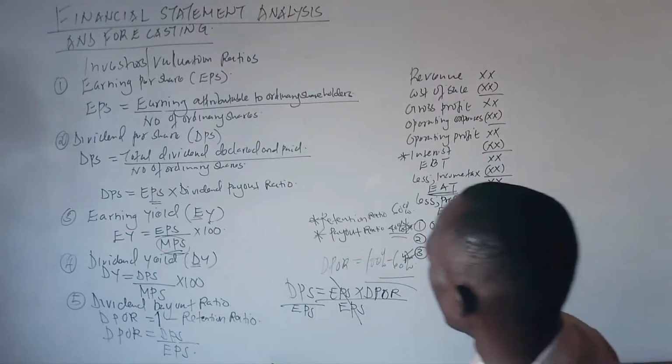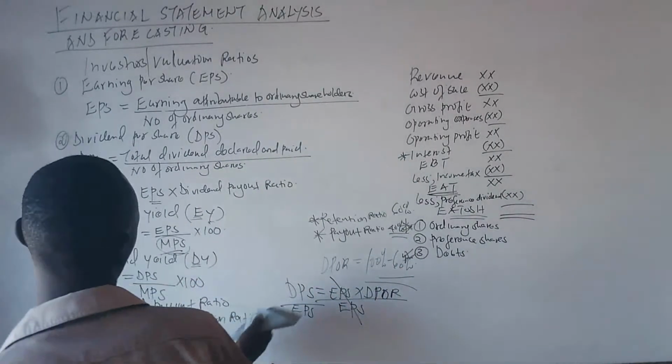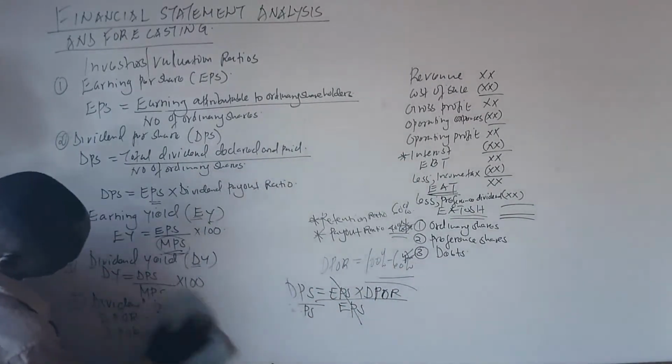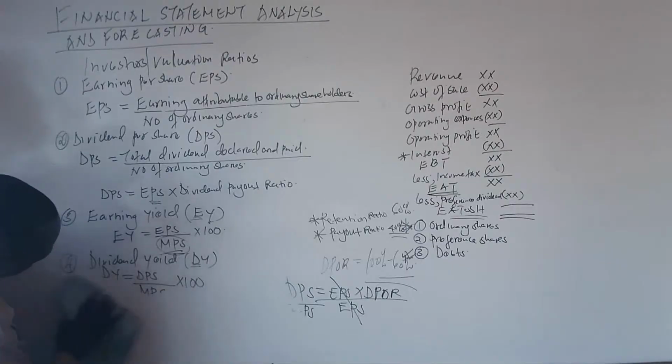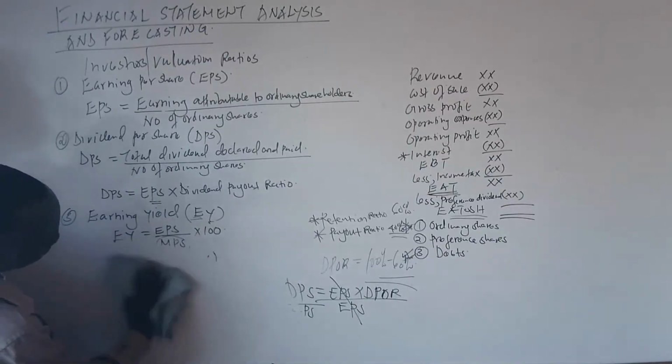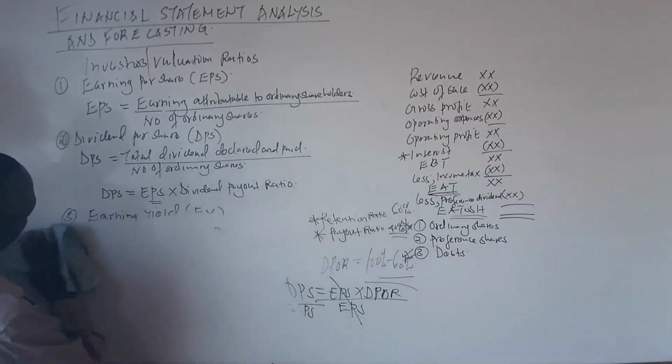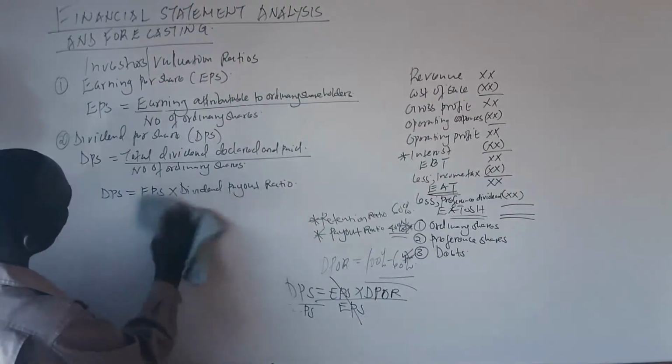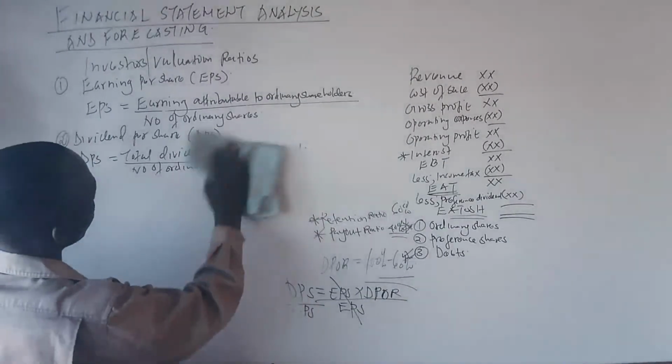So it is the number of times of ordinary share the dividend is paid out. Ordinary shares, not shareholders.